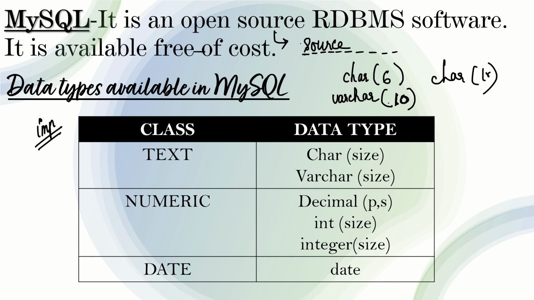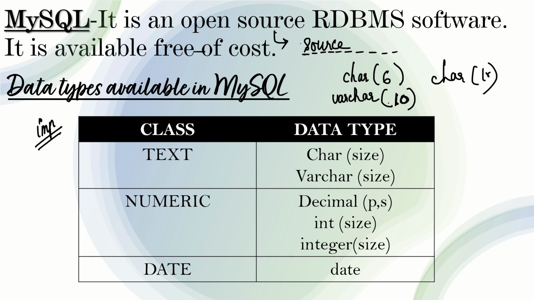Whereas if we write char of 100 and a word is only two letters, then after the 2 letters, space will be wasted. Okay, that is the difference between char of size and varchar of size. Varchar means variable. Alright. Now, next is numeric. For numbers, the data types we have are decimal, int and integer.